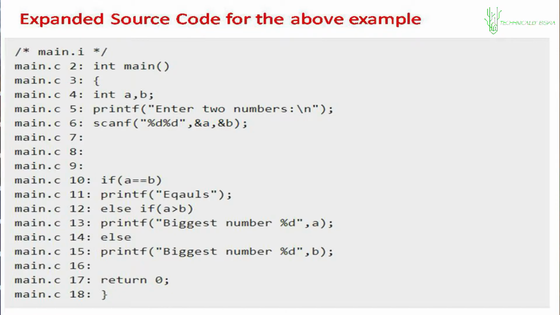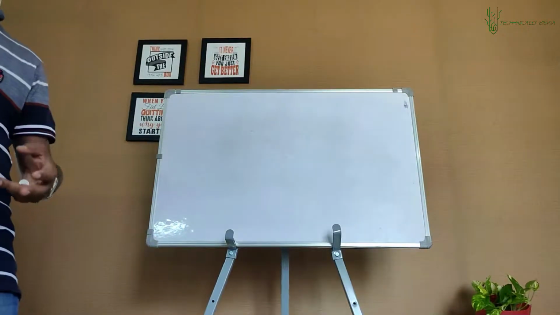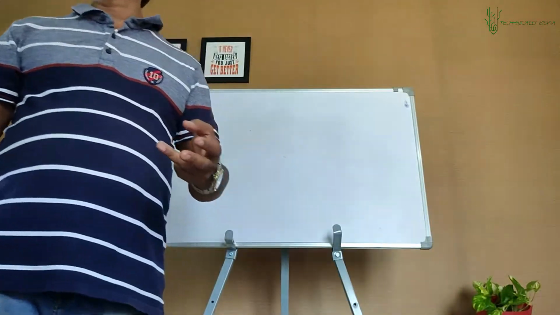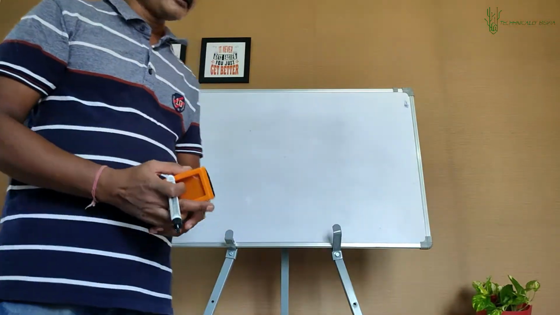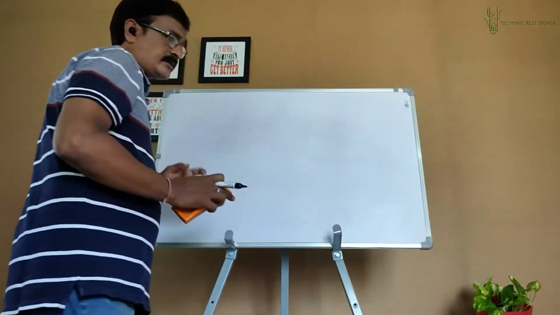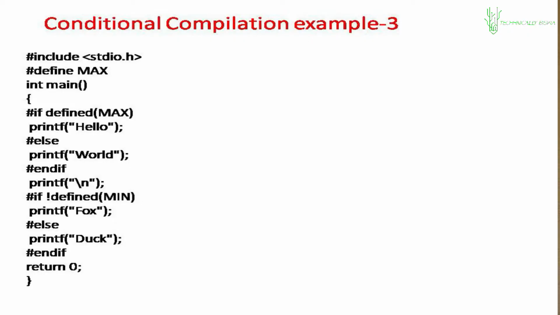Okay. Now using #if, #else. Similarly, you can also use other constructs like #ifdef and #ifndef. Let's look at this particular example. This example will show you how they are used. Okay, look at the slide.